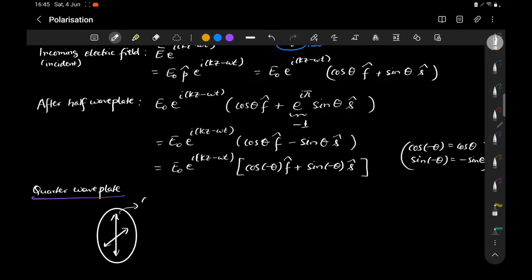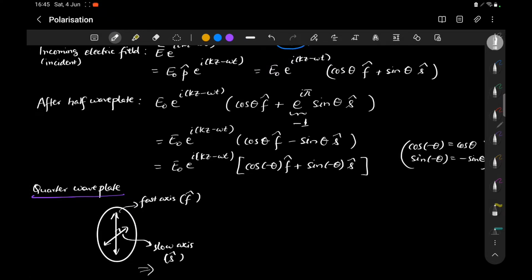So this is fast axis, f cap direction, this is 90 degrees, and this is slow axis, s cap direction, and this is the propagation direction, z, and incoming electric field will have some polarization direction.